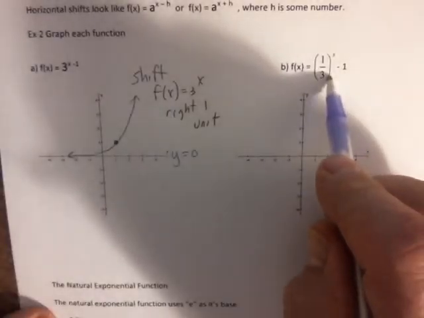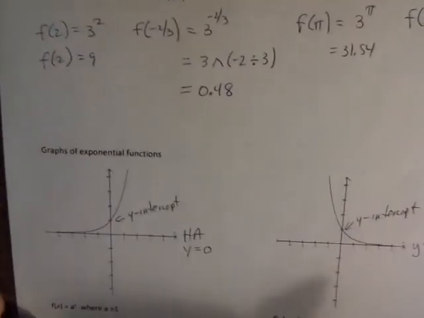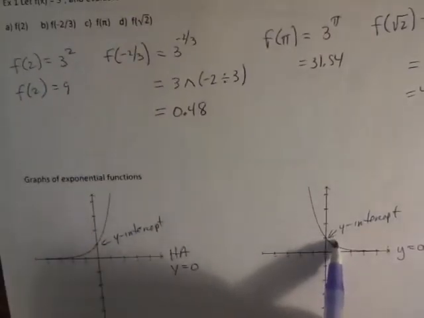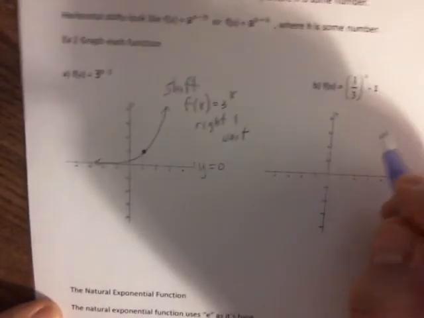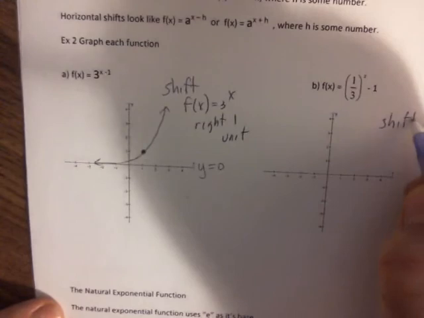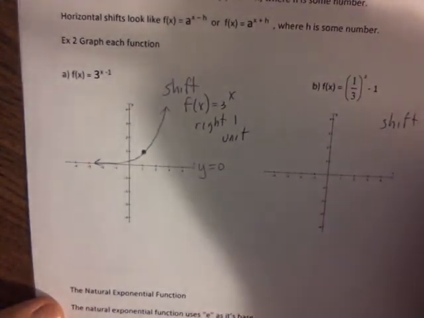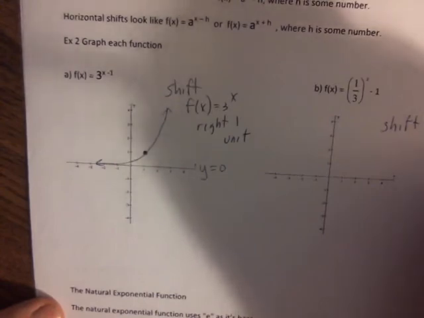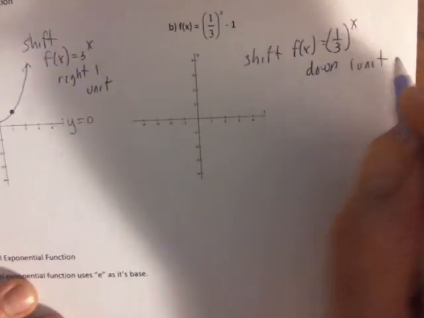This next example is first of all a vertical shift. And since it's a fractional base, it's going to look like this. So again, we're going to shift f of x is 1/3 to the x down 1 unit.